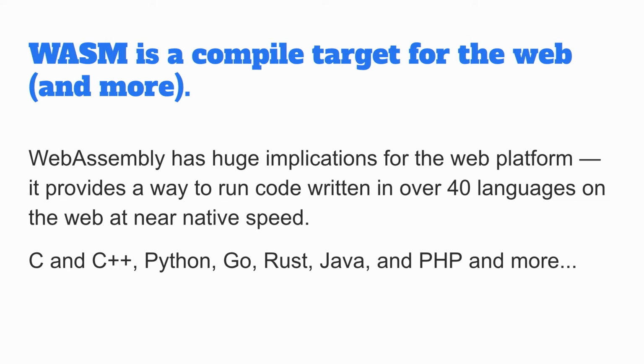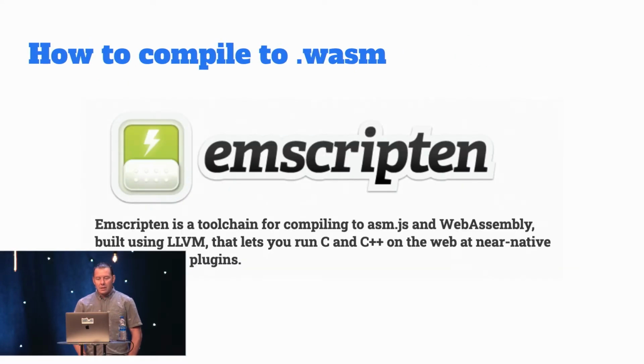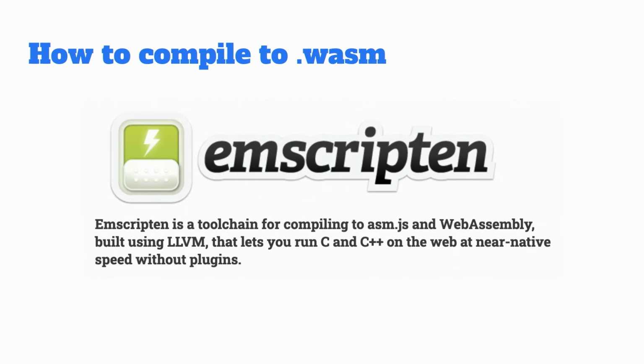This is just a short list of some of the languages that you can compile to WebAssembly: C++, Python, Go, and Rust, like you heard about earlier, and plenty more. How is this possible? There are different toolchains that allow you to compile to Wasm. Emscripten is the most popular and most powerful one.